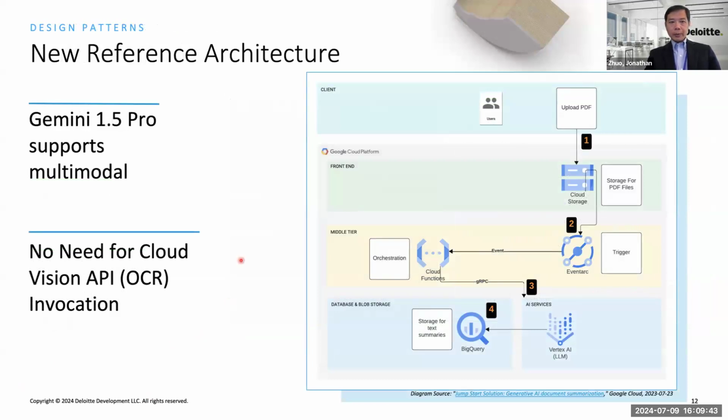And if I use Gemini 1.5 Pro, which supports multimodality, this reference architecture can be further simplified. Let's take a look. First of all, I upload a PDF file directly to the cloud storage bucket. This upload triggers Eventarc to begin the document processing phase. Nothing changed. Then Eventarc sends this event to Cloud Functions, and Cloud Functions plays the role of orchestrator and starts the document processing phase.